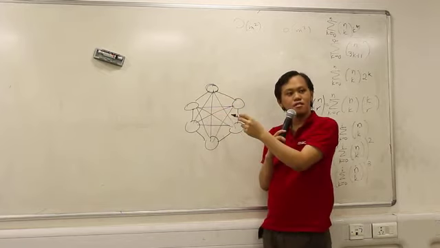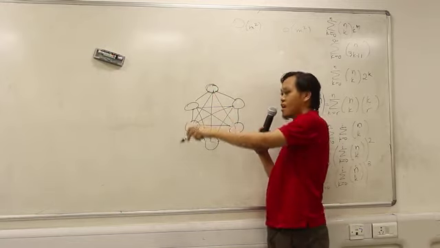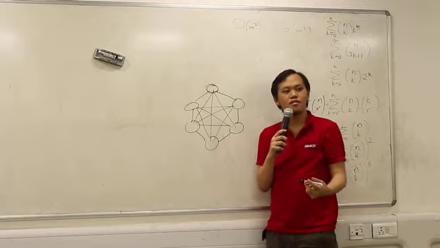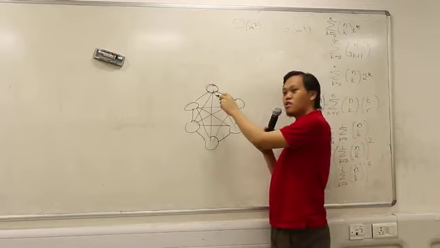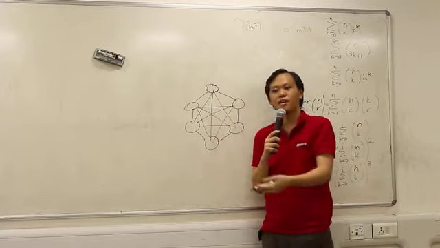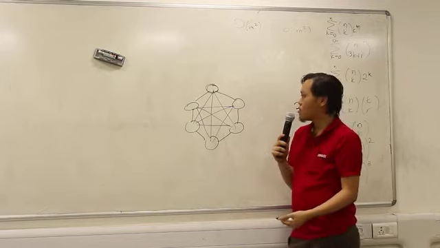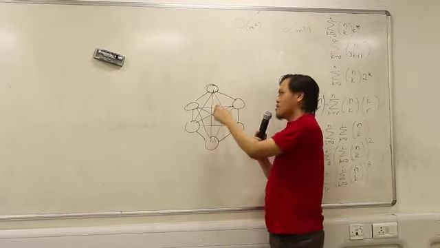By the pigeonhole principle, there will be 3 of those edges which have the same color. Because if there are only 2 blue and 2 red, the remaining one has to be either blue or red. So there has to be at least one color that appears at least 3 times.